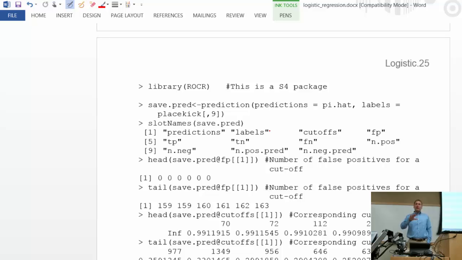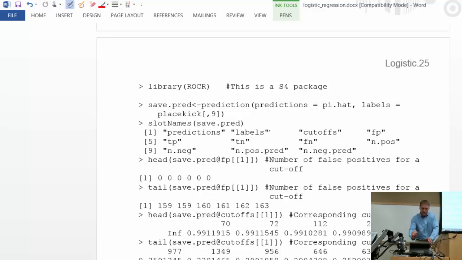Now, in the grand scheme of things, especially for this class, it's not going to make a big deal for you. But there are some small things that I need to tell you in order for you to understand what some of this code is doing.